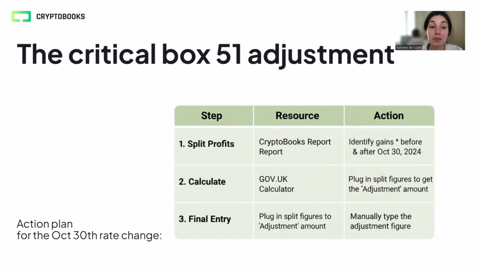Take those numbers and plug them into the official capital gains tax adjustment calculator on the gov.uk website. That calculator will do the math and spit out a single number, an adjustment figure. You must take that number and manually type it into box 51 on your tax return. This effectively forces the system to charge you the correct mix of lower and higher rates.